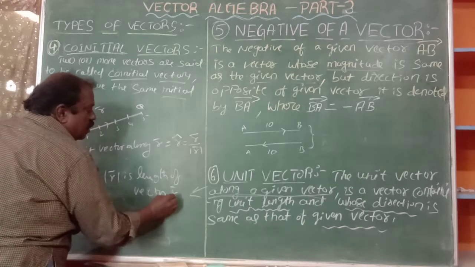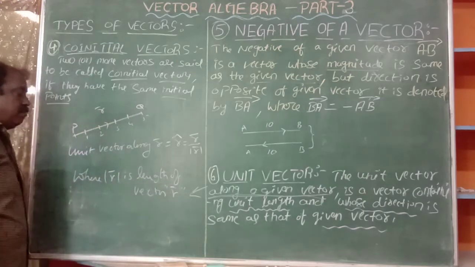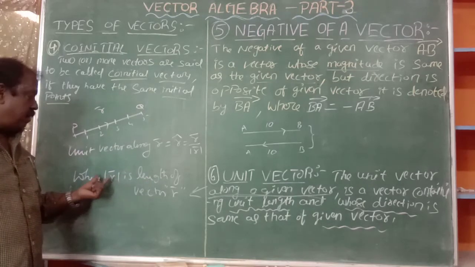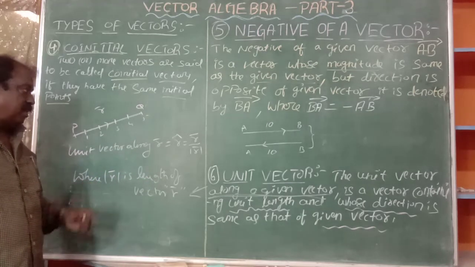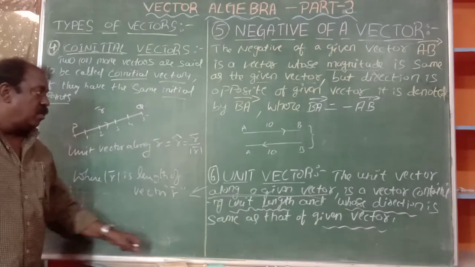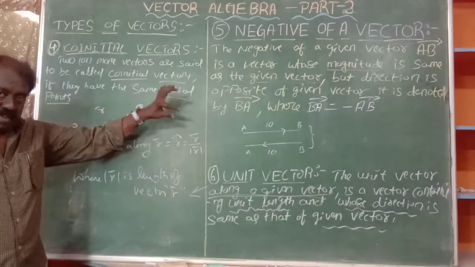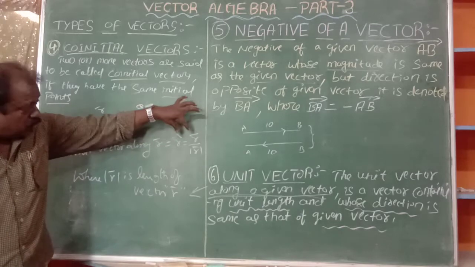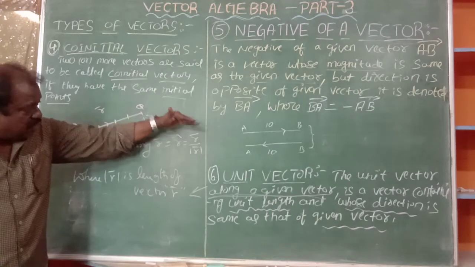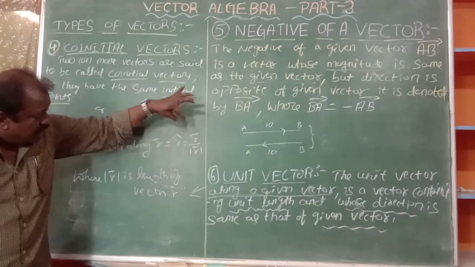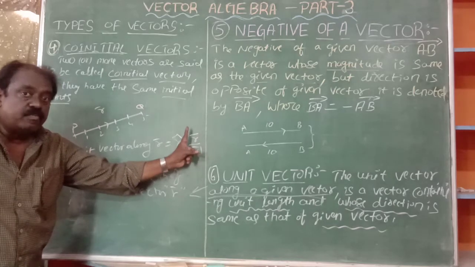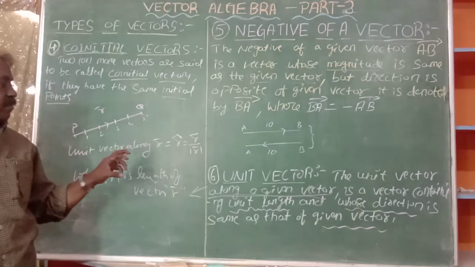It is the length, the magnitude. The magnitude of R bar is denoted by modulus of R bar. You see, R bar by modulus of R bar. R bar means a vector. It contains both the magnitude and the direction. Along with the direction, magnitude is there. That magnitude is divided by its magnitude. So we get 1. Try to understand it clearly.